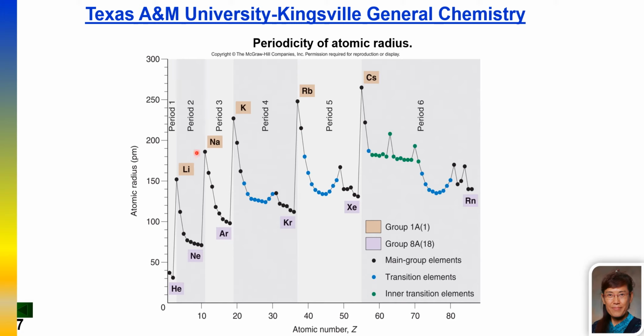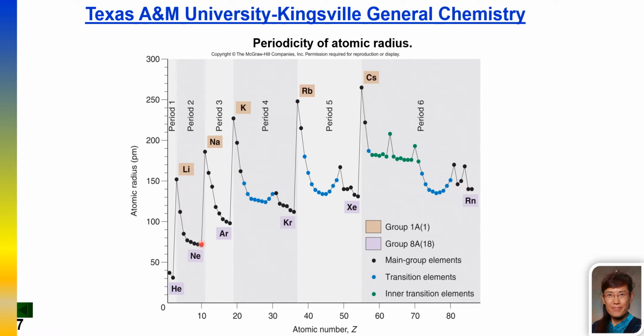Similarly for lithium, sodium, potassium, rubidium, cesium, the same trend. And in the same period from lithium all the way to neon, you see the atomic size decreases across the period from left to right.